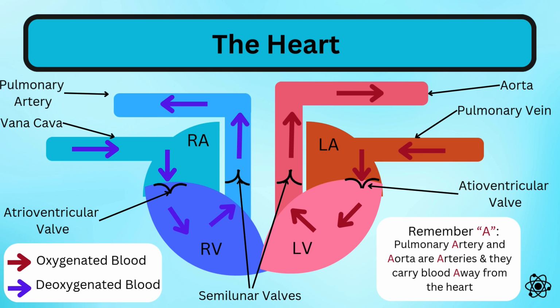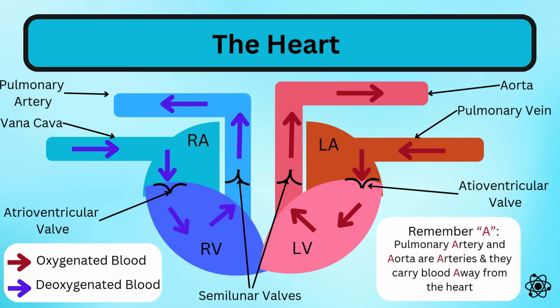The special name for the one on this side is called the bicuspid valve. The left ventricle pumps oxygenated blood out to the aorta via the semilunar valve. The aorta takes the oxygenated blood away from the heart to the rest of the body.